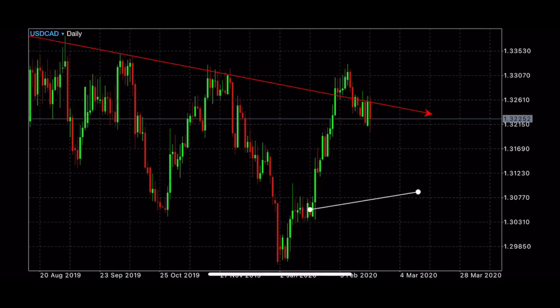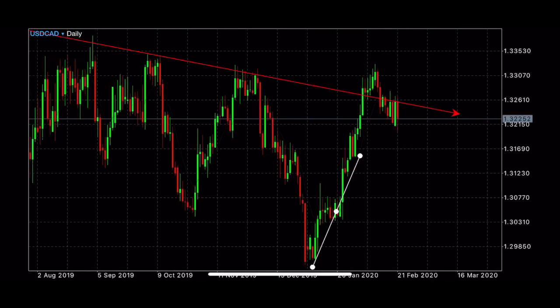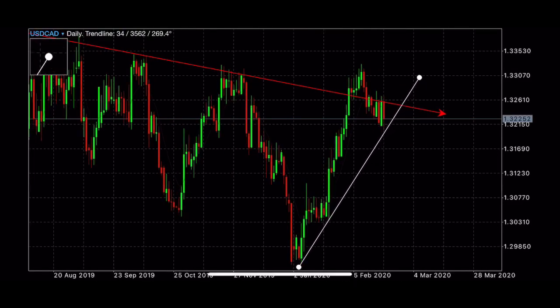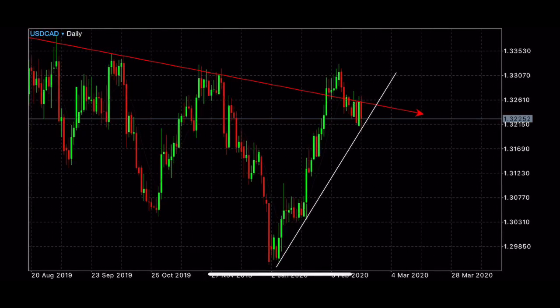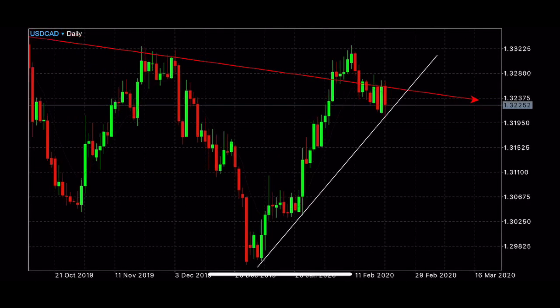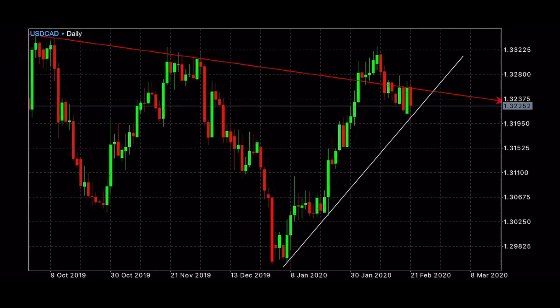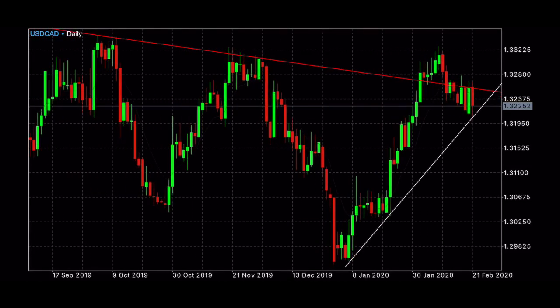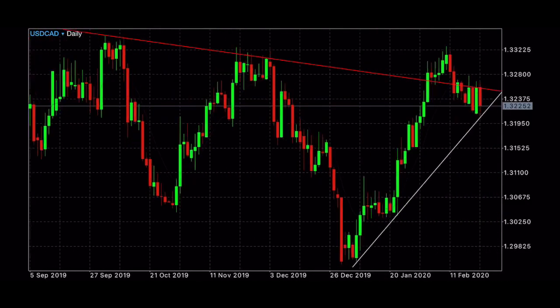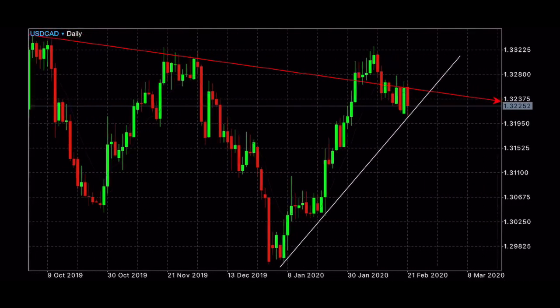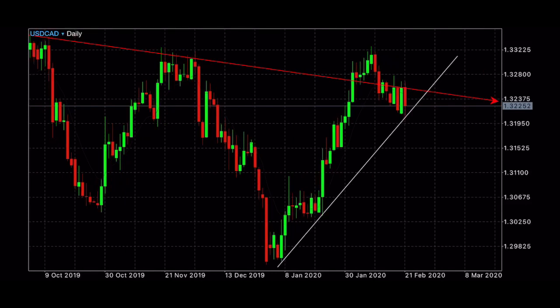So with where we are at now, if we just draw a reversal line from below and have it like this, then we can clearly see that with the USD CAD, we haven't closed outside of that reversal line, but when we do, we're basically going to keep doing what we've been doing ever since the start of this trend. And I think I don't have to explain it any further. I think you guys get the picture.